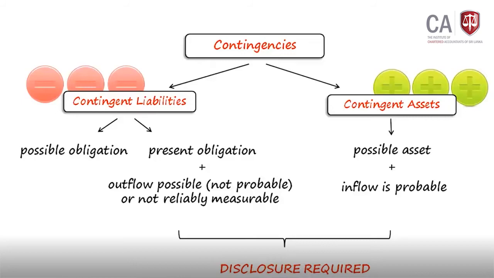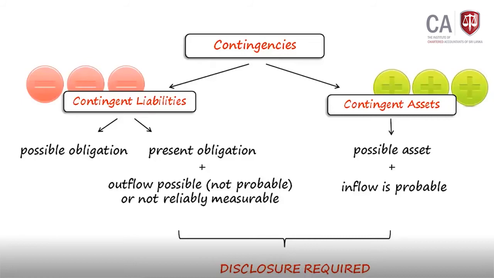If it is not probable and if you can't make a reliable estimate on that obligation, you will not recognize a provision, and it will come under the definition of contingent liabilities, or if it is receivable, it will be contingent assets.